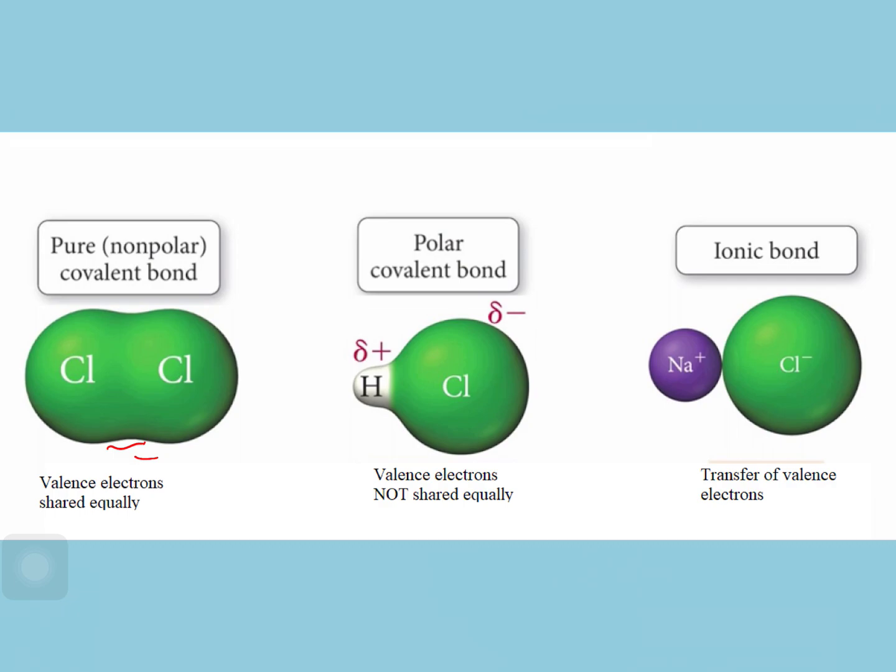And in the middle, the polar one, the valence electrons are not shared equally, so this chlorine is hogging the electrons. And then there's the ionic bond, where there's a transfer of valence electrons. So the chlorine takes all of sodium's valence electrons. In the ionic bond, it takes all of it. Polar, it just hogs them. And then nonpolar, they share nicely.